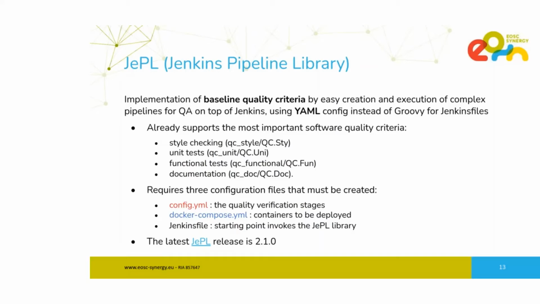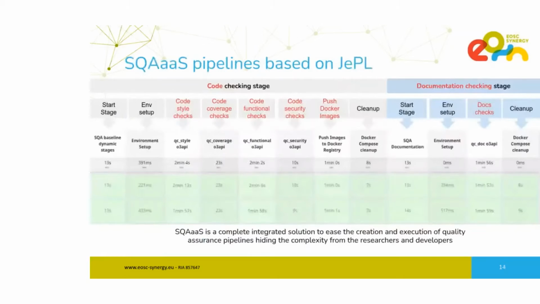So the JEPL link then goes to GitHub, and there you can find more details and also the link to the documentation for the library. That's just an example of how the pipeline can look. Those stages in Jenkins are built dynamically based on the config YAML. In this particular example, there is a style check, there is coverage for the unit tests, there are functional tests, and there is a security check.